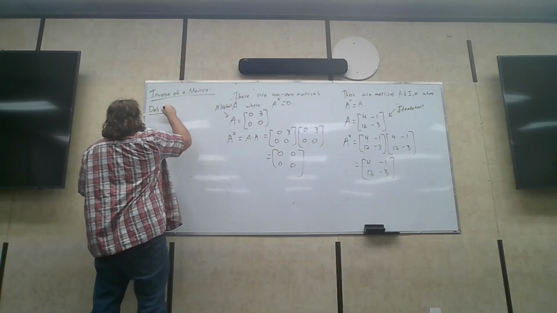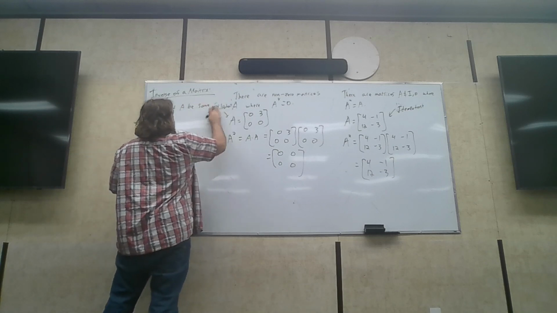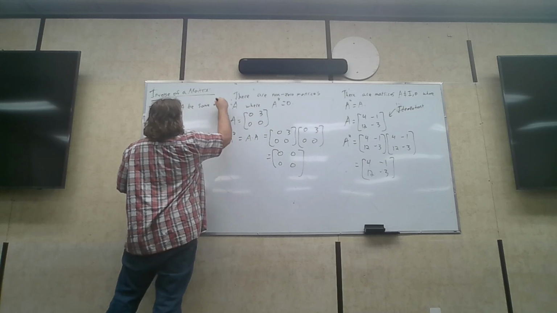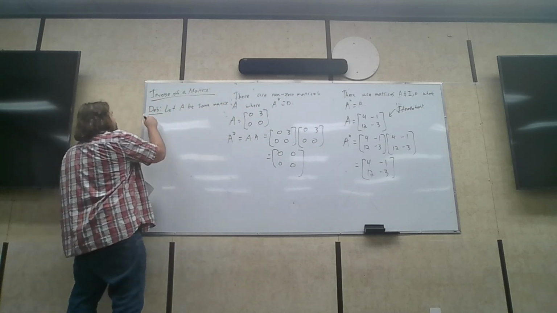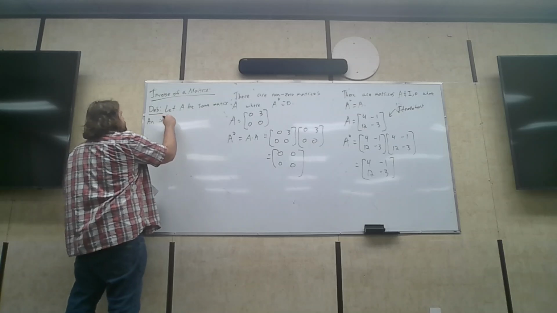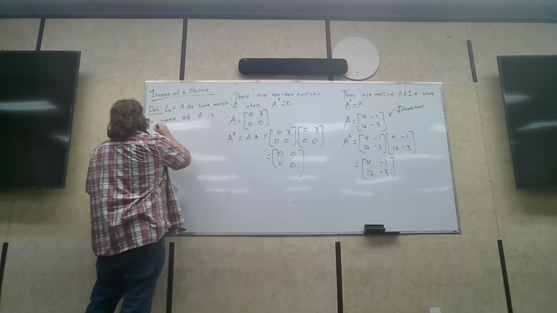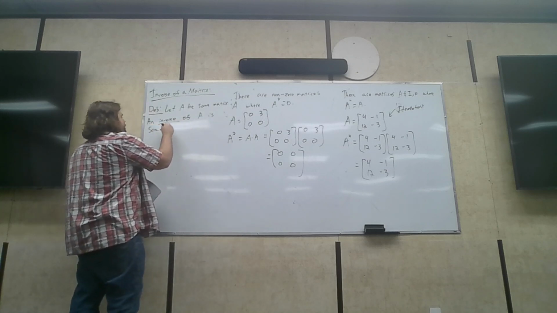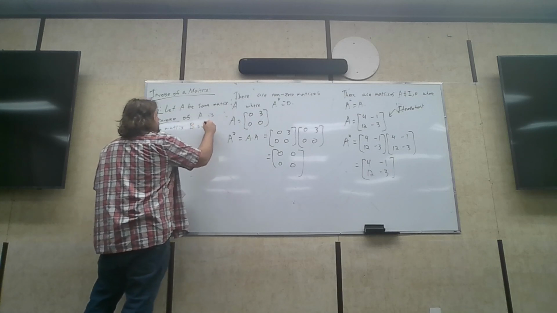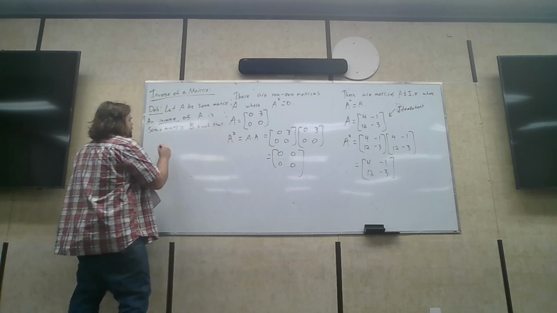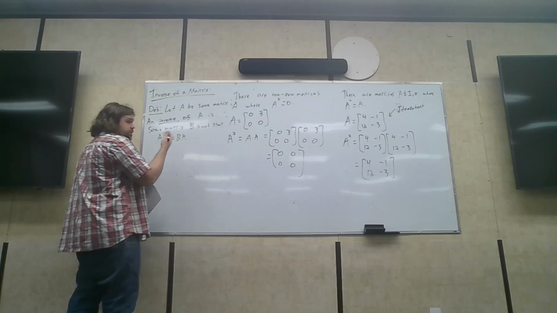So let A be some matrix. So an inverse of A is some matrix B, such that A times B is the same thing as B times A. So already that's nice.